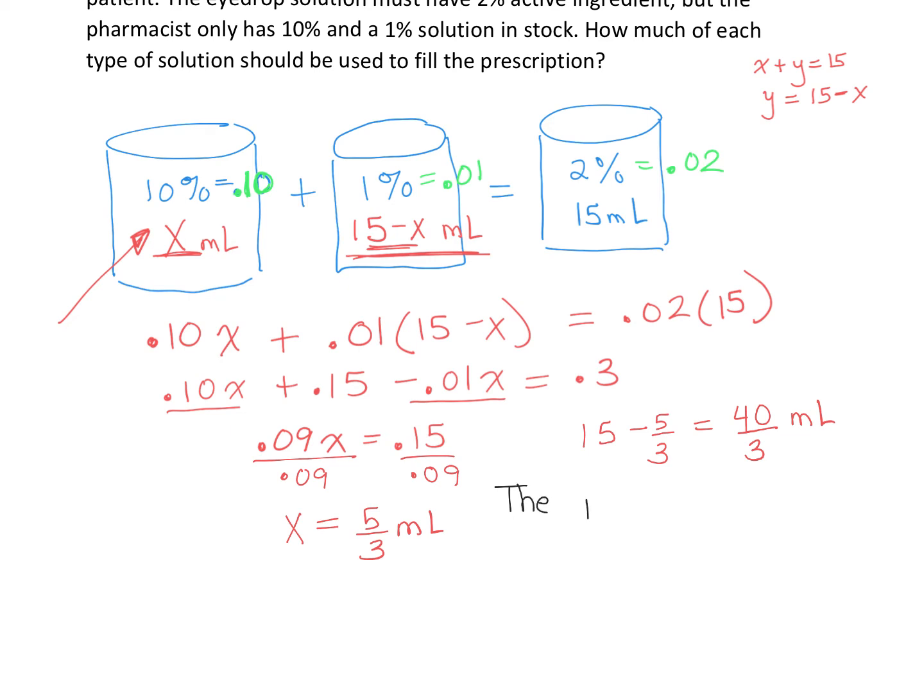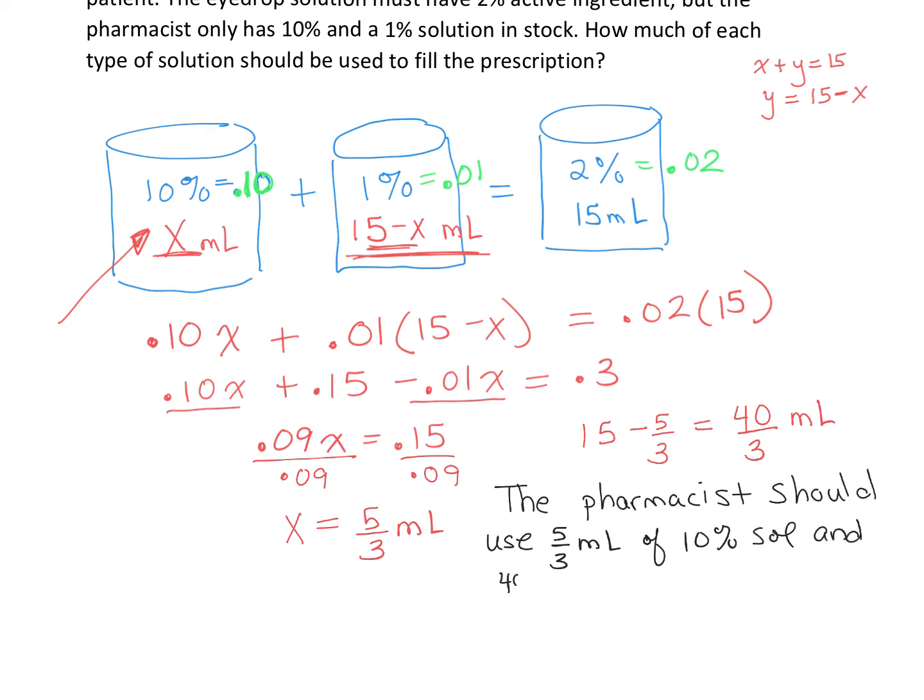The pharmacist should use 5/3 milliliters of the 10% solution and 40/3 milliliters of the 1% solution.